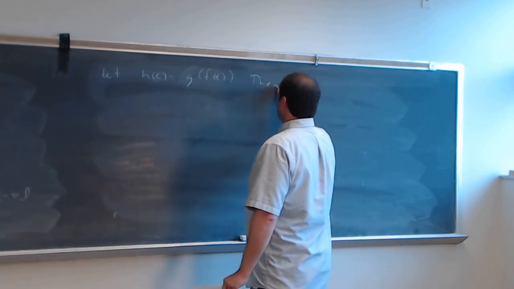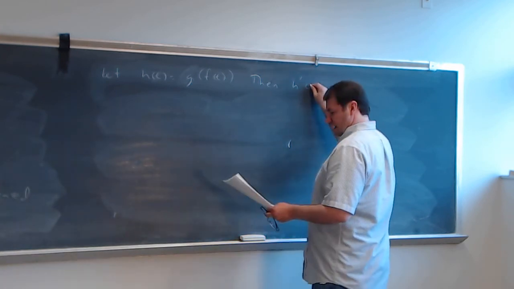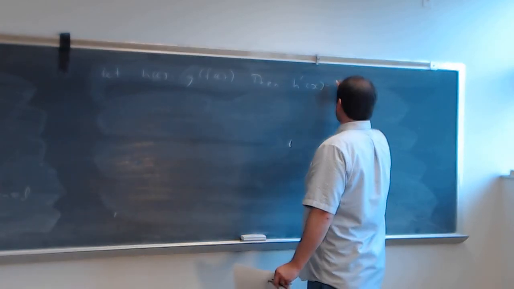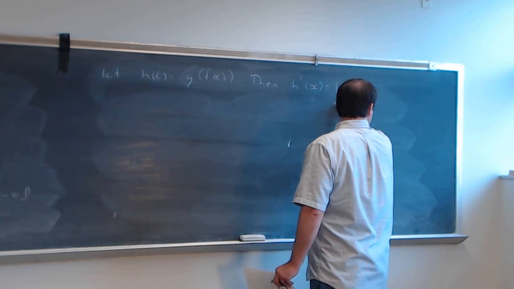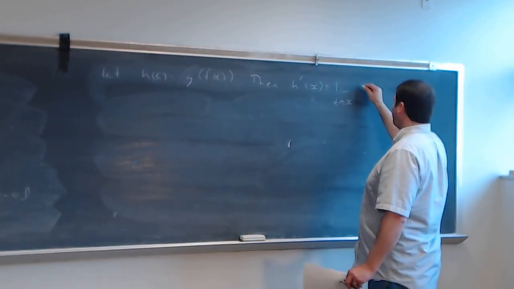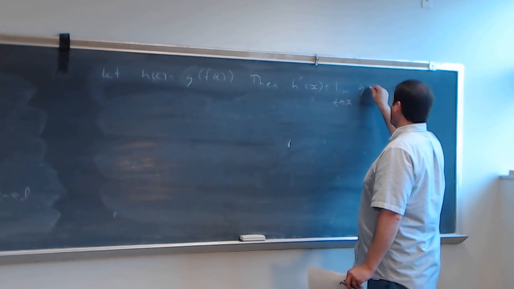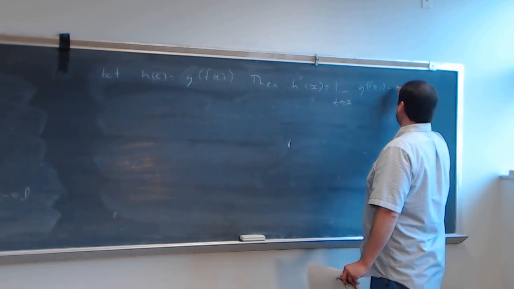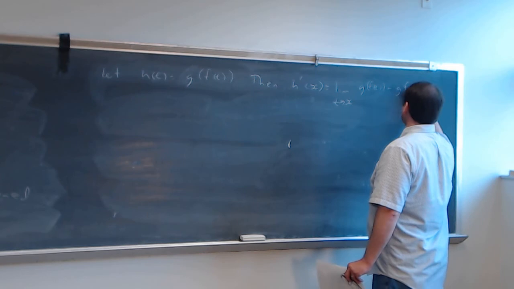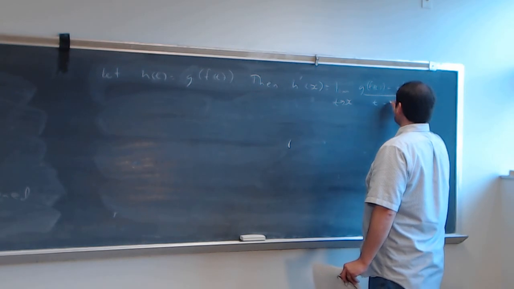Then the derivative evaluated at x will be equal to the limit as t goes to x of g of f of t minus g of f of x all over t minus x.